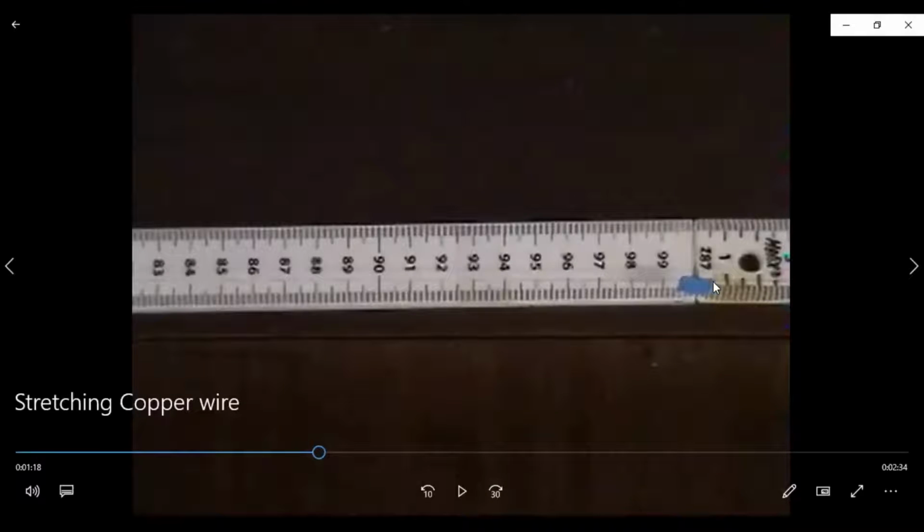You can see there is extension in the string. This blue color mark will move ahead. Correspondingly, small l can be measured, that is the extension or elongation.